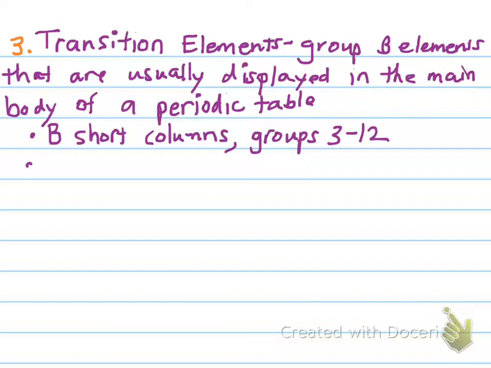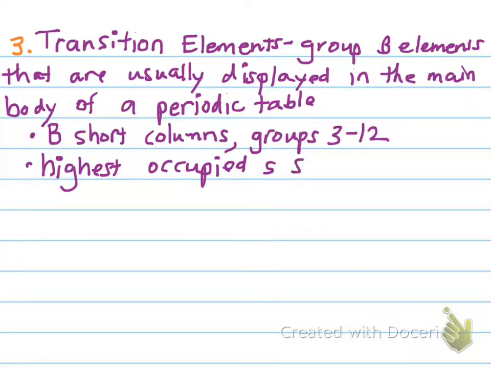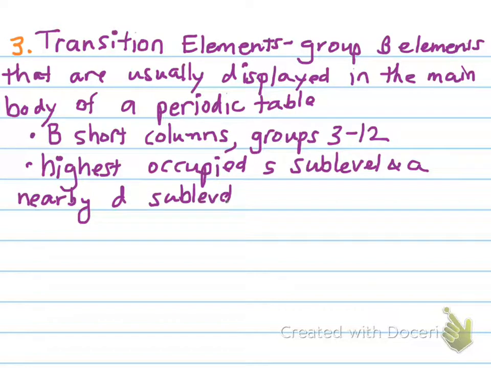And what these elements have in common is that their highest occupied S sublevel and a nearby, and by nearby we mean nearby in terms of energy, D sublevel contain electrons.